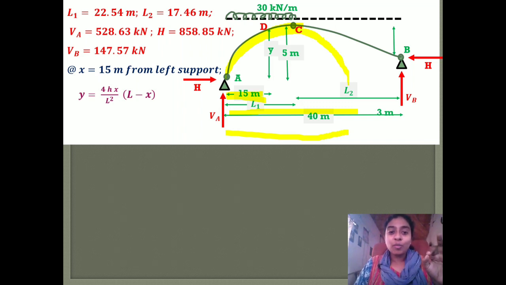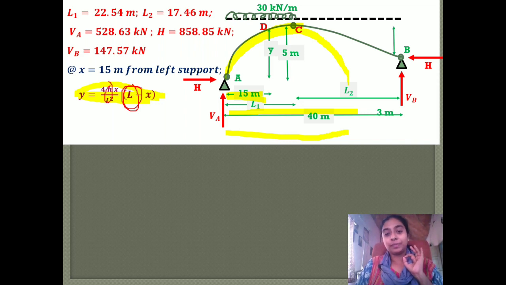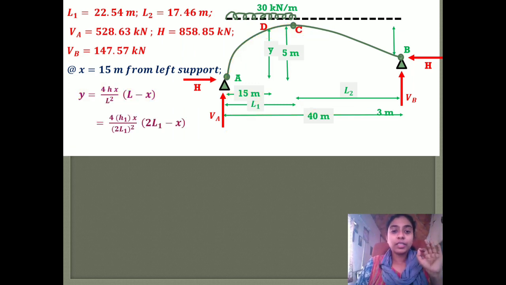Therefore, in the equation relating x and y of the parabolic arch, we substitute this L by 2L1 and this H is replaced by H1. So we will consider this parabola.